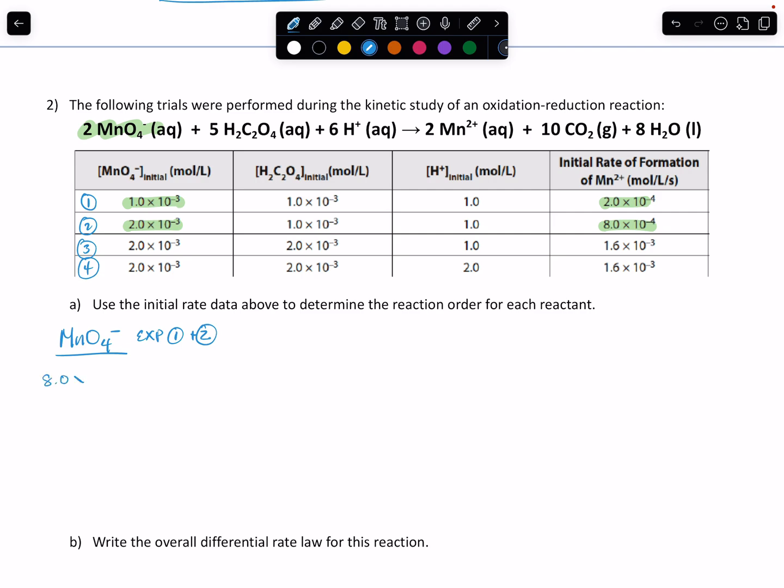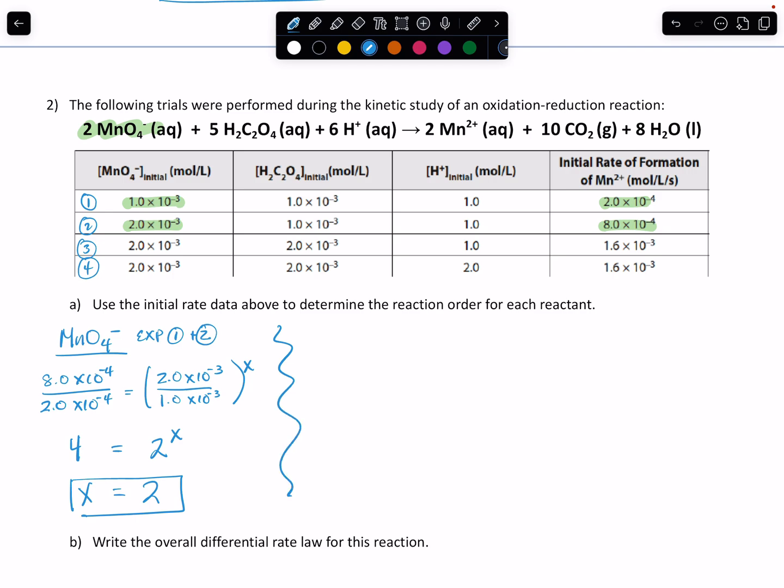All right. 8.0 times 10 to the negative fourth divided by 2.0 times 10 to the negative fourth is going to be equal to 2.0 times 10 to the negative third divided by 1.0 times 10 to the negative third raised to the power x. All right, so I'm going to get 4 on this side equals 2 raised to the power of x. So what power can 2 be raised to get 4? Well, that's 2.